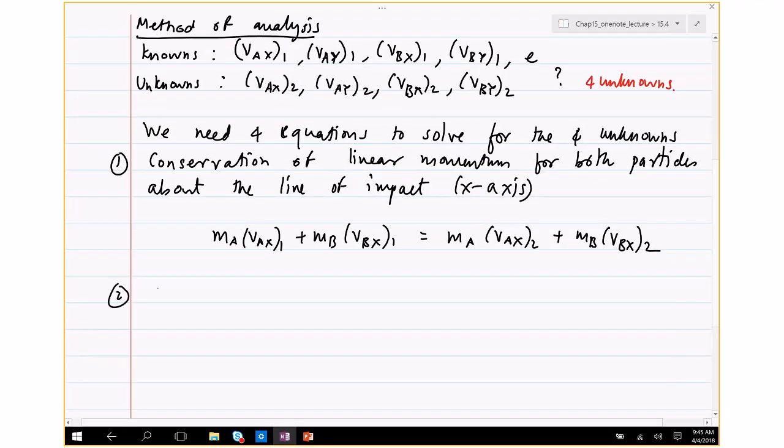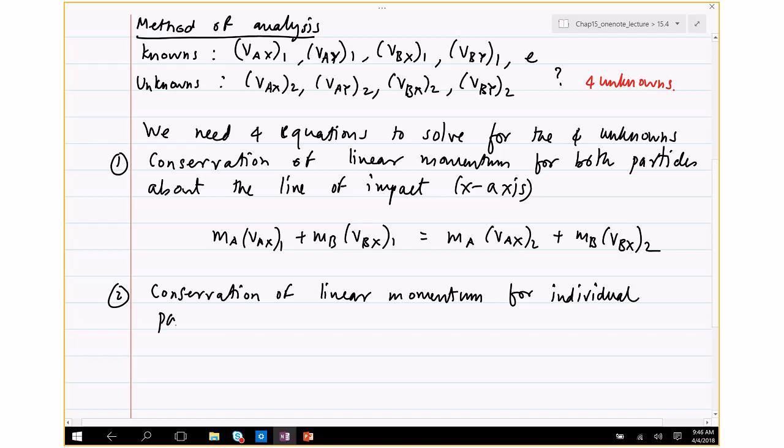Second is conservation of linear momentum for individual particles about the y-axis.